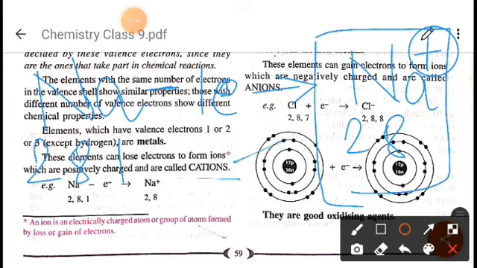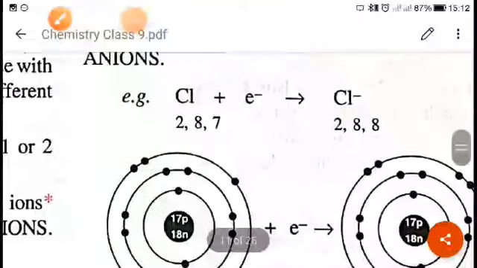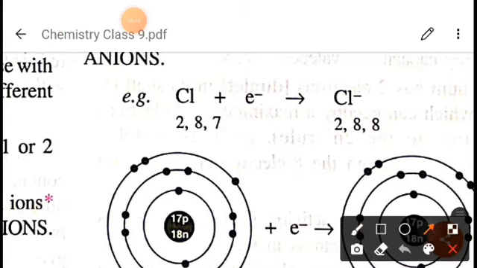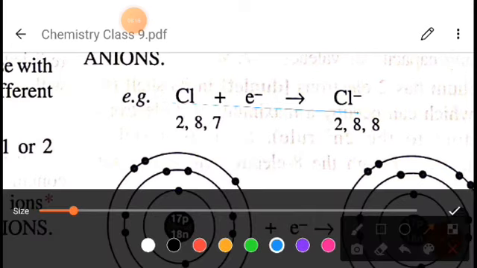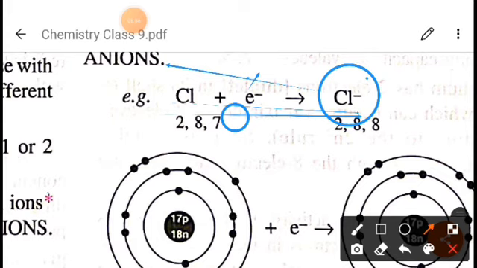And suppose it is accepting an electron, as in the case of chlorine. We are just adding one electron to chlorine. When chlorine takes one electron, it converts into Cl-, and we call it an anion.